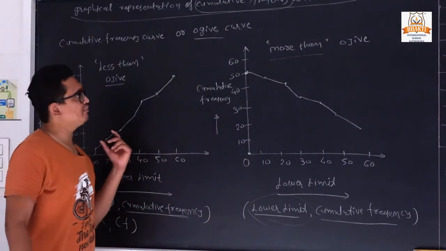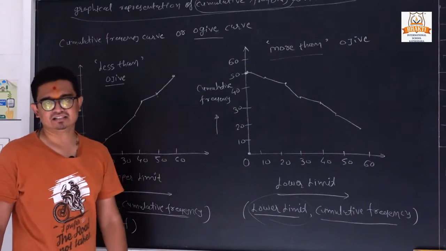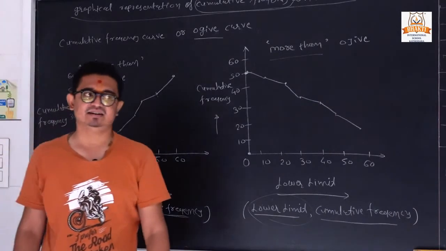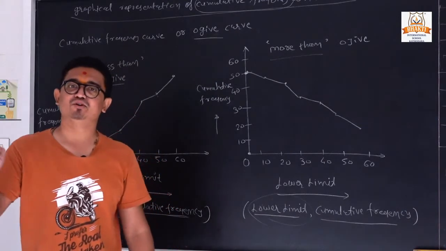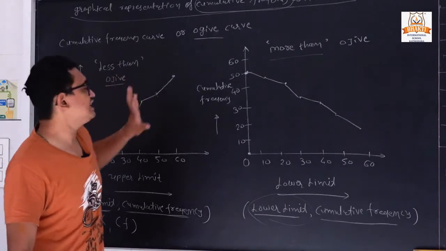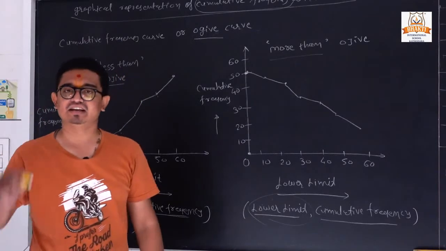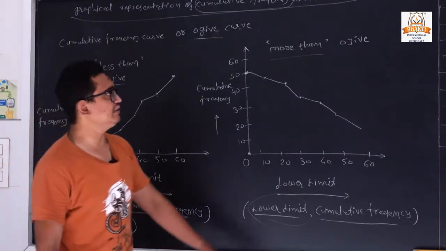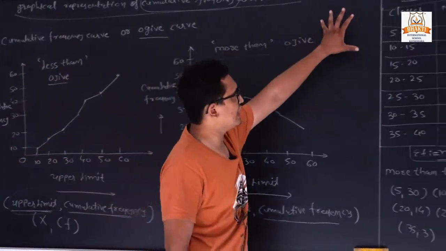So you need to remember the two things, less than type ogive and more than type ogive. And second, sometimes they ask you to draw the more than as well as the less than type ogive in one graph. So we can combine both graphs. Clear? We can take one example so you can get the idea.